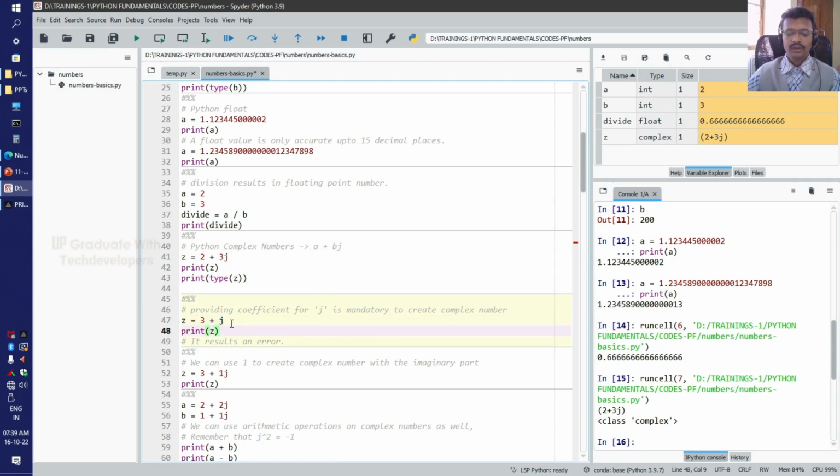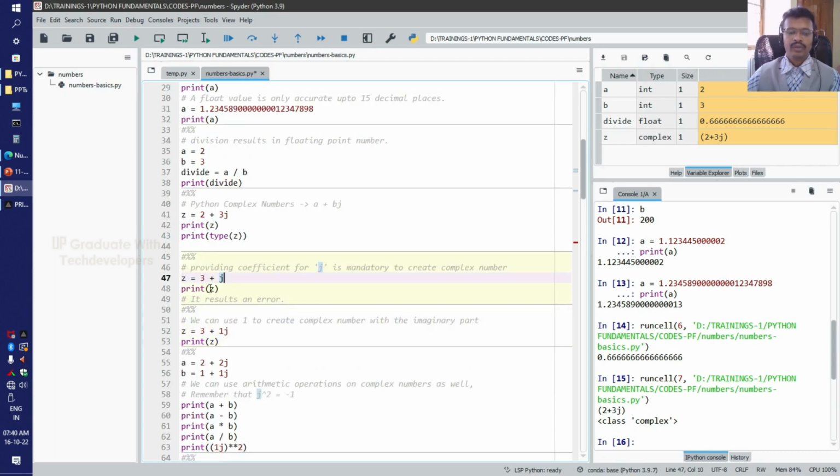If you think that if you do not provide any number for j, in mathematics by default it will be considered as 1 and it will create 3 plus 1j. But in the Python programming language, it will not create complex numbers unless we provide the coefficient for the imaginary term j.